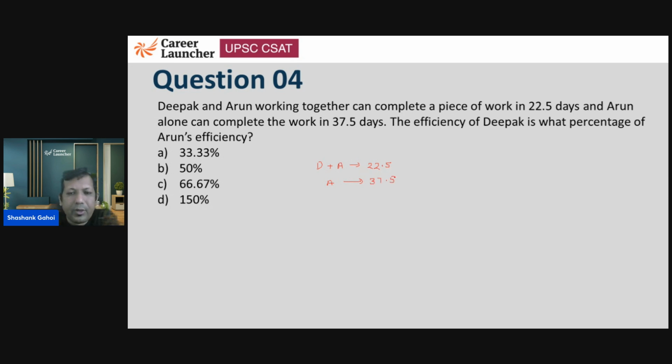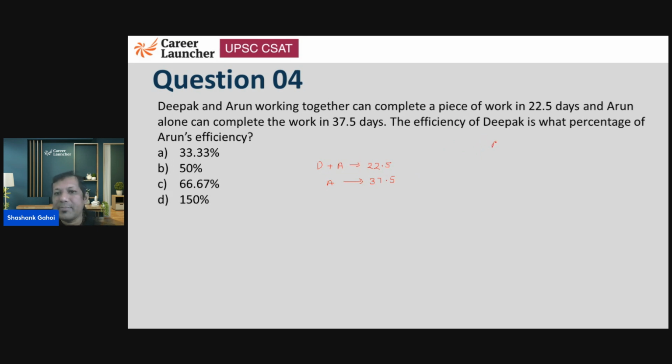We can assume some work, any number, for example 225 and 375, it is going to be 9 and 13. I'll take a different approach because the values are not very fine.